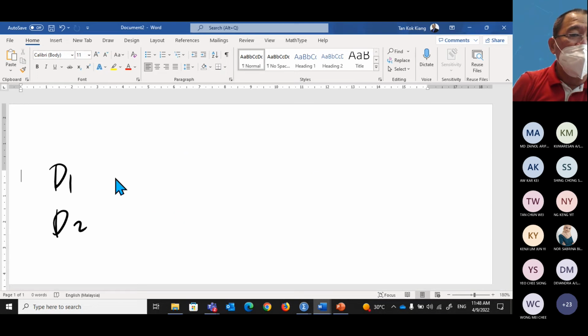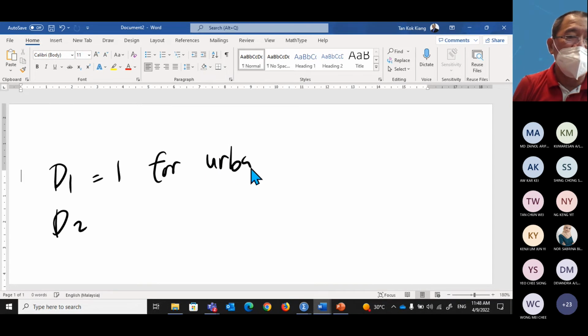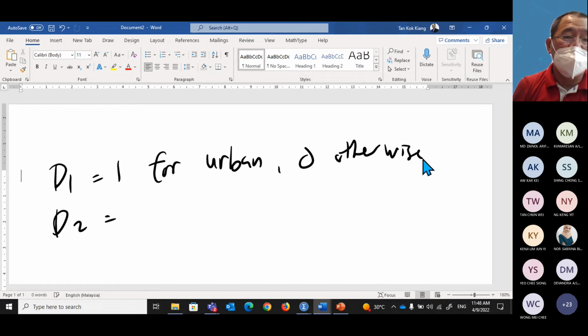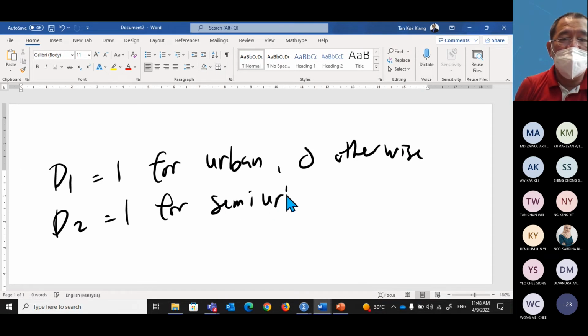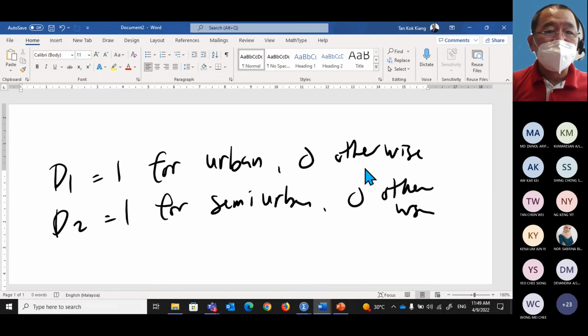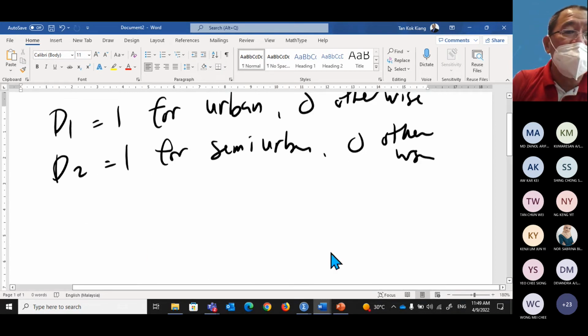So D1 equals 1 for urban, and 0 otherwise. And then D2 equals 1 for semi-urban, and 0 otherwise.